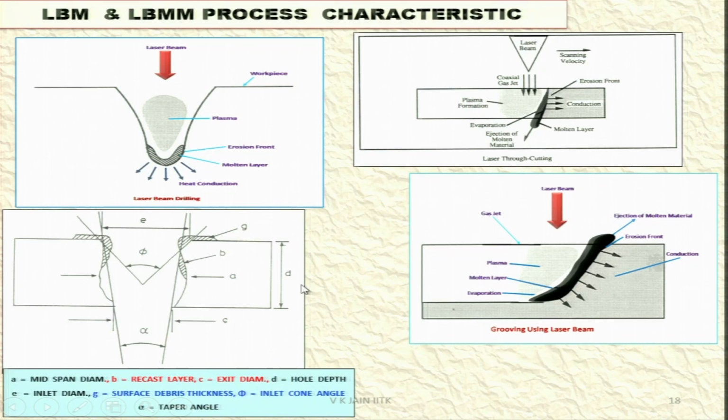You can see here, A is the mid-span diameter, and B is the recast layer.